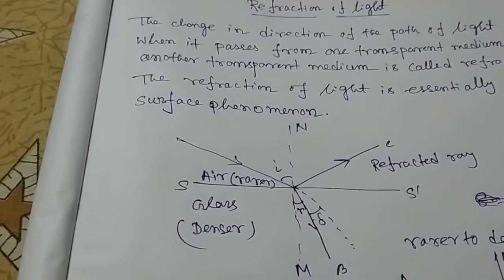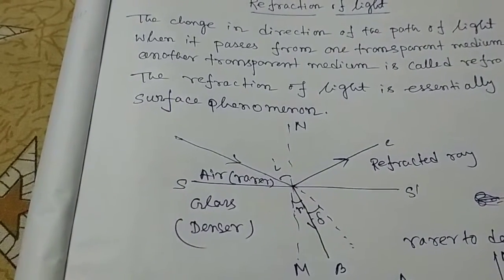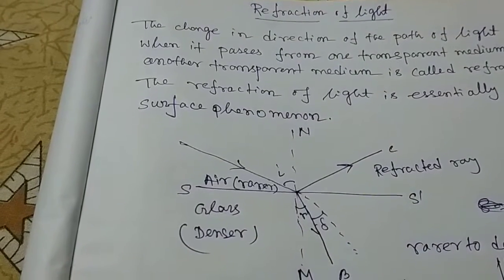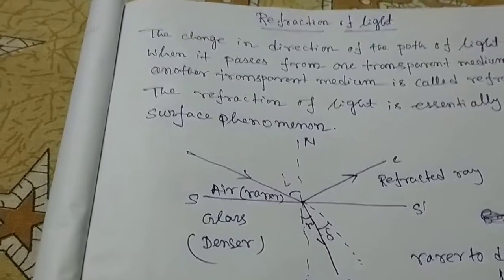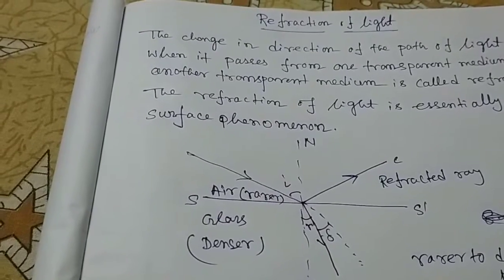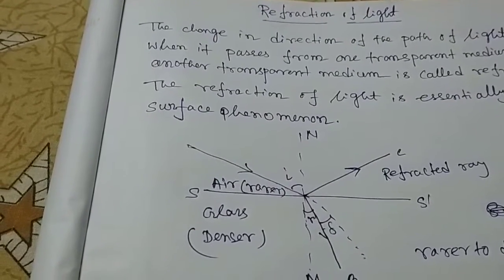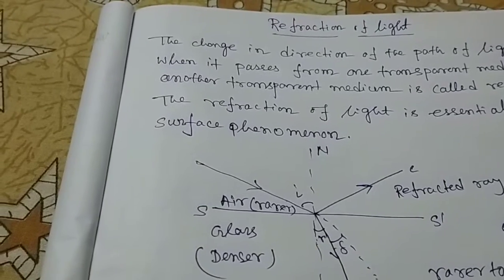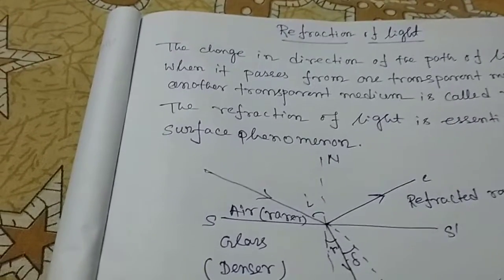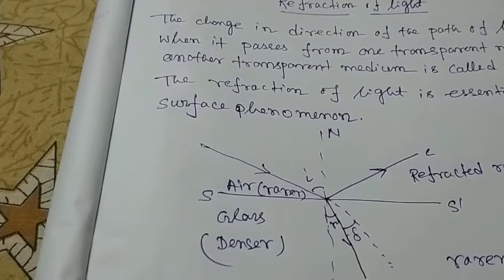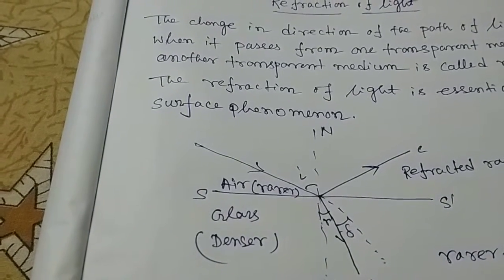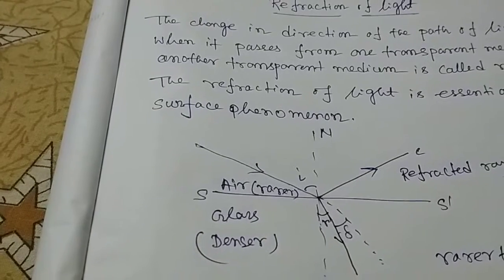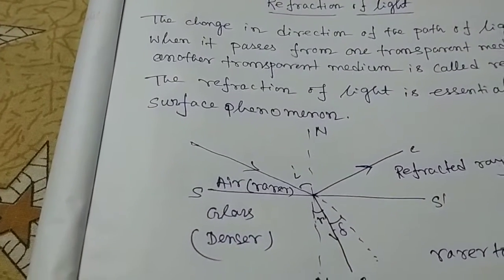That means there is a partial reflection and partial refraction at the boundary surface. The intensity of the refracted light will obviously be less than that of the incident light because a part of incident light has suffered reflection.